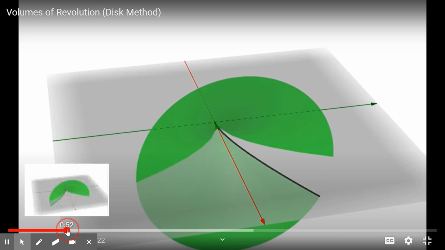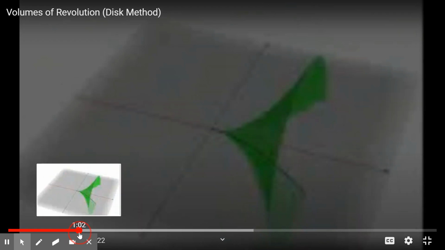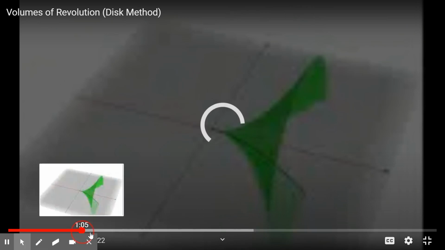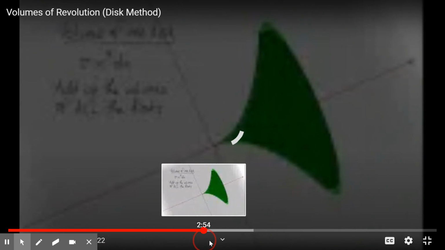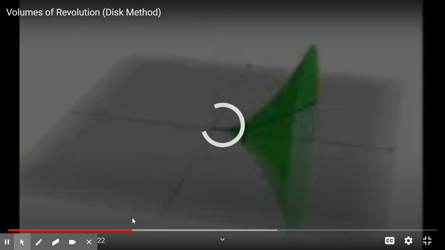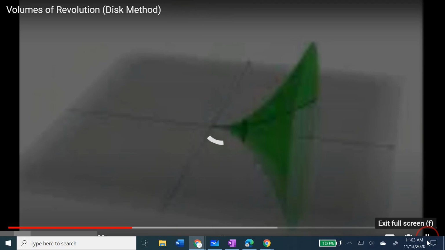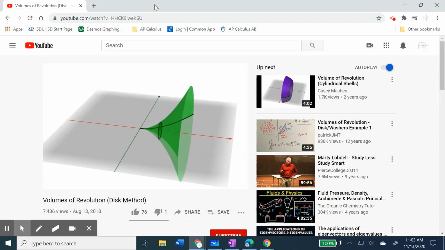Anyway, I'll leave a link for this, but it's really nice because it goes through and shows the animation and moves it around to help you see it a little bit better. But I'm looking at the fact that I have less than 2 minutes and I can't really show you all this, especially when I've got lag time. Oy. But anyway, I'll leave a link for that.